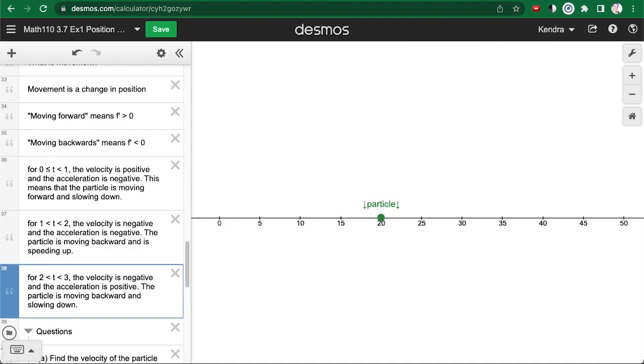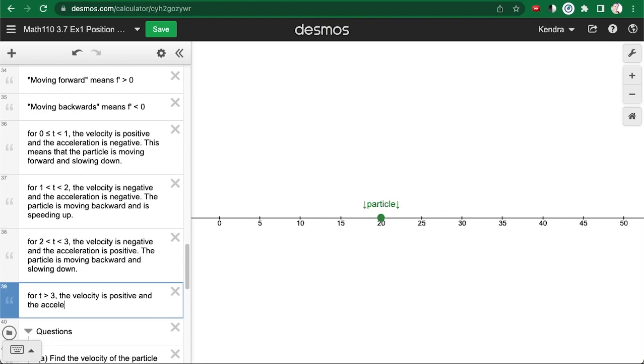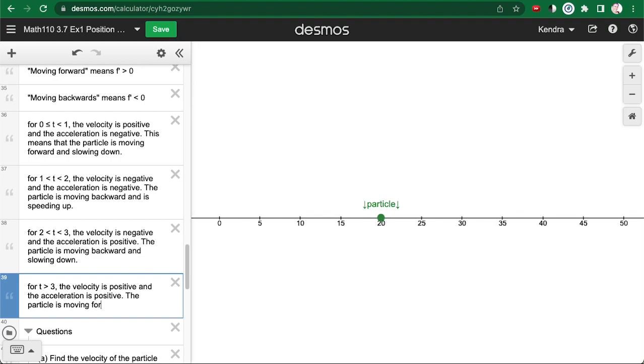Okay. So finally, for t greater than 3, in this case, the velocity and the acceleration are both positive. So thinking about the velocity being positive, that means the particle is moving forward. And if the acceleration is also positive, so the velocity is a positive number, and it is increasing.